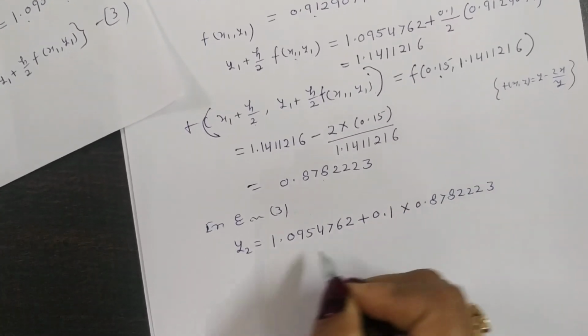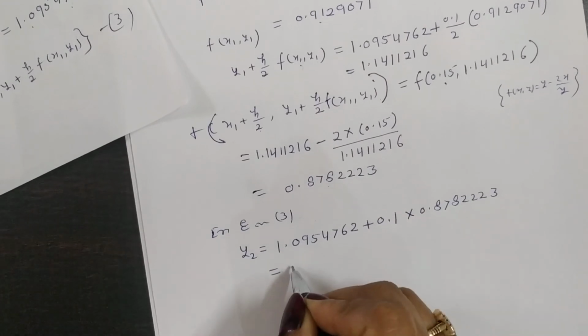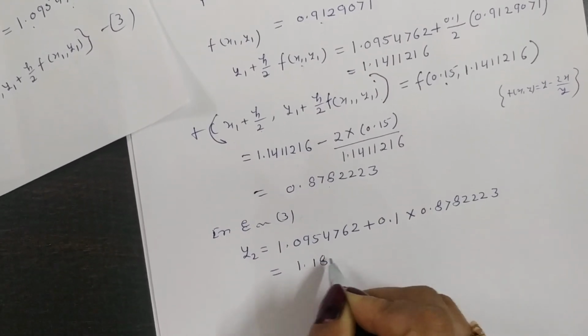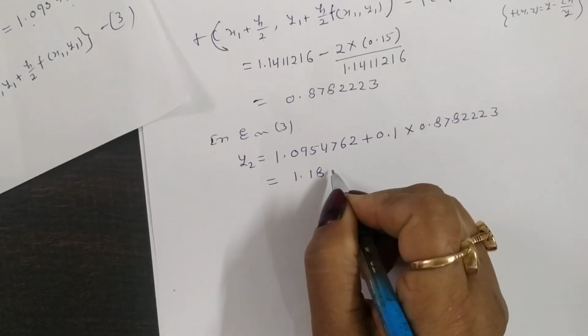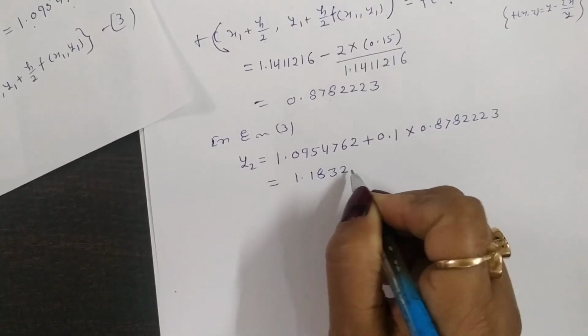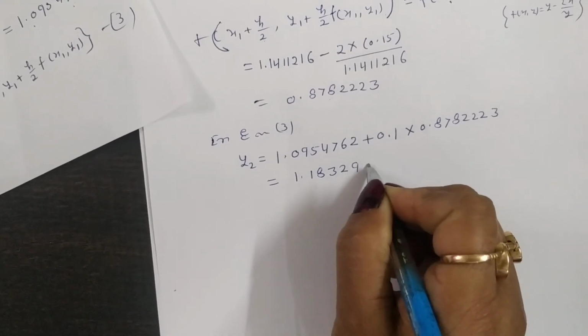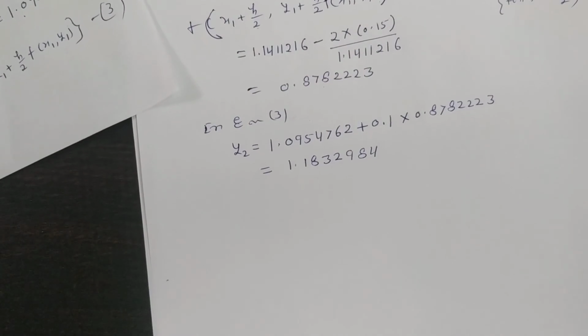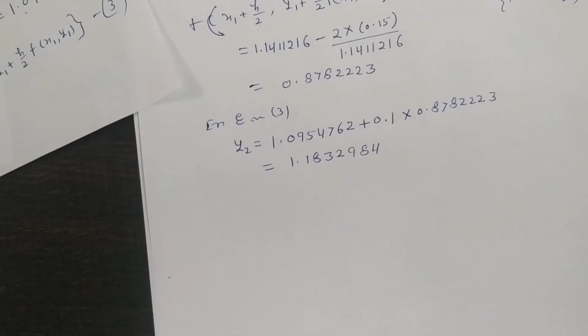Okay students, and so you get 1.1832984. Okay, you get the value y2.